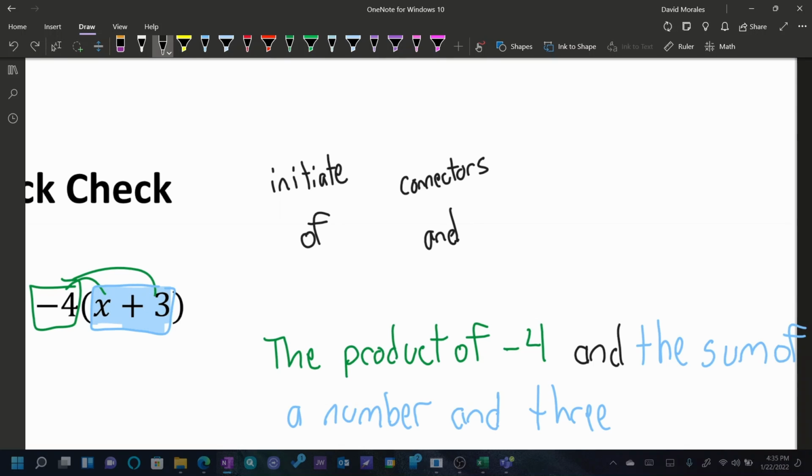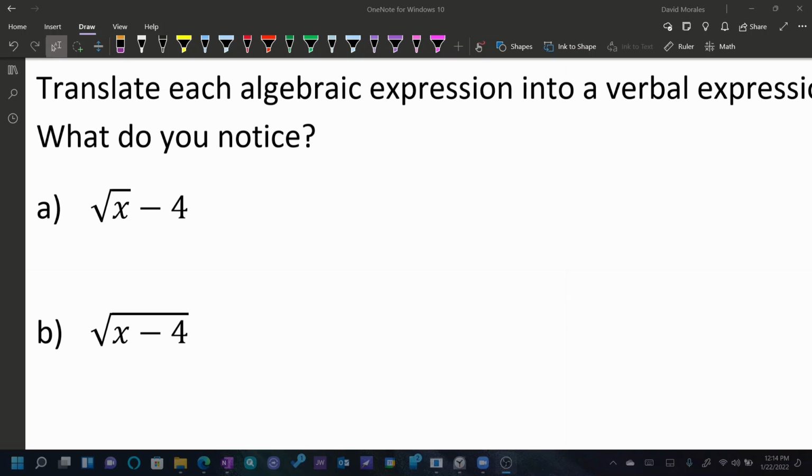Let's go on to our next question. So the question is how to translate these ones. Well, you see a square root. Because the square root, if you were to draw a square root, it can be long or it can be short. Because of that flexibility, it can include just one item or multiple.